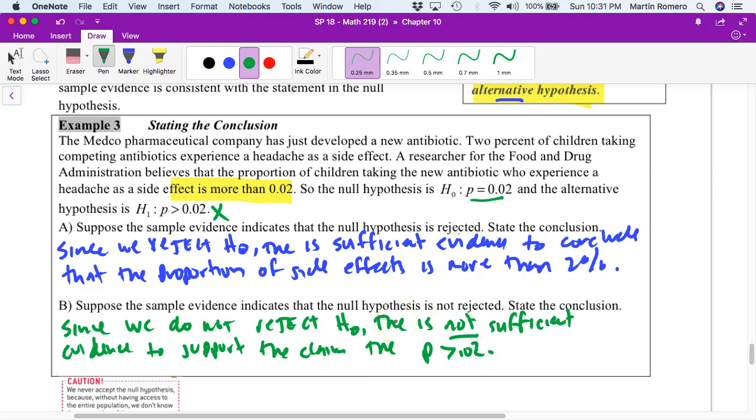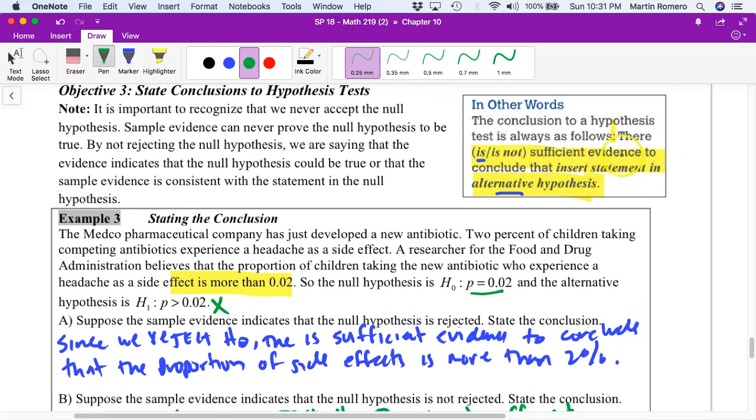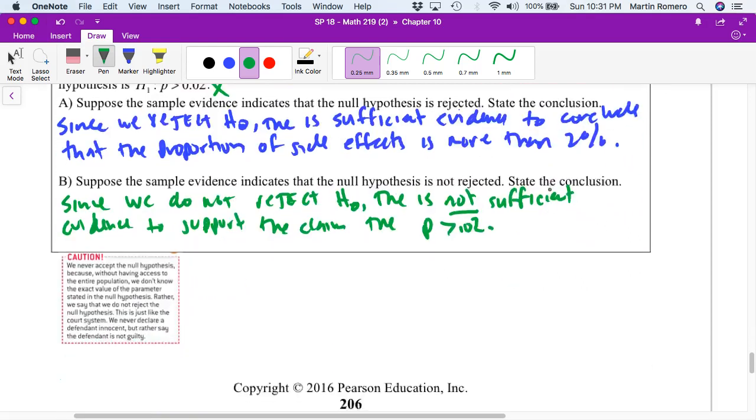That would be our conclusion. The conclusion is always there is or is not sufficient evidence to conclude that the alternative is what it says it is.